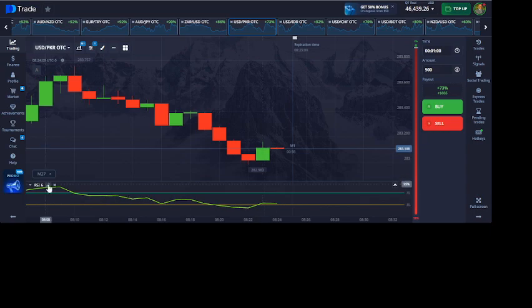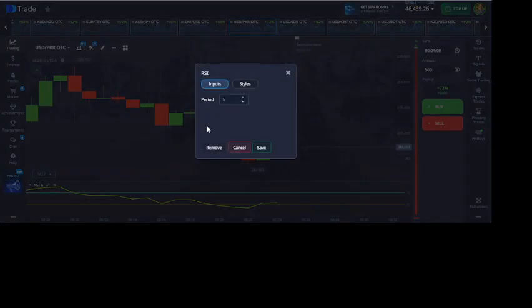If I go into my settings, I have the period set to 6. The default setting is 14, but I've lowered the period to 6 because I'm taking fast 60-second trades, so I need the indicator to be more sensitive to price swings.